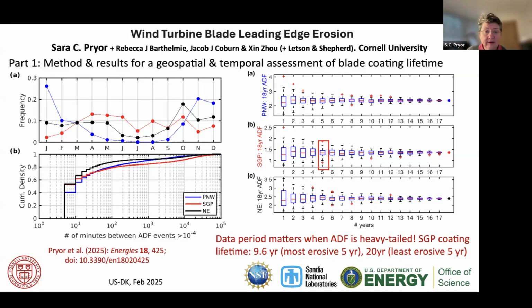It's worth saying that because these time series are very heavy-tailed, we need long time records to get a good estimate of the likely damage.